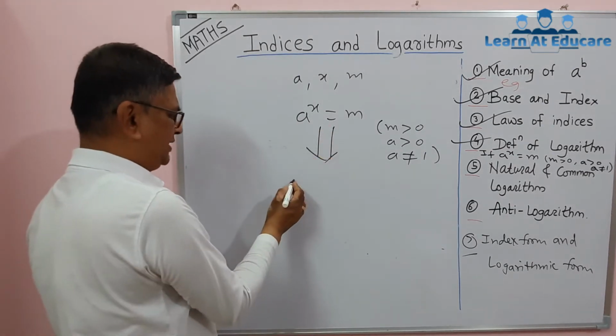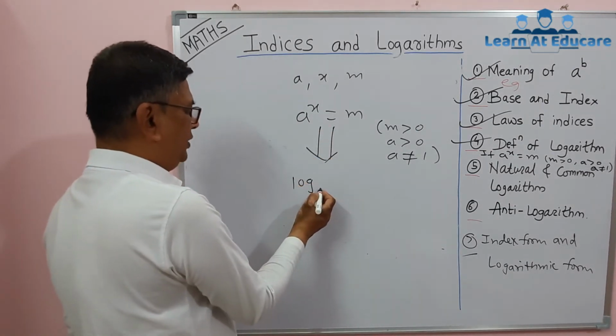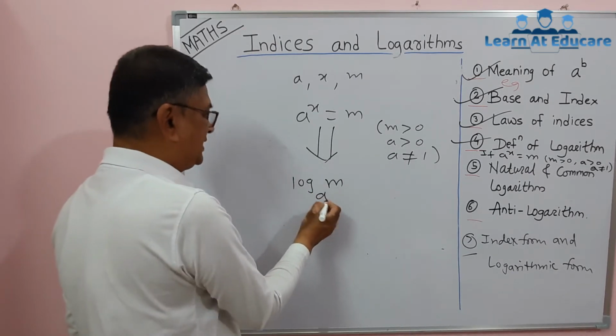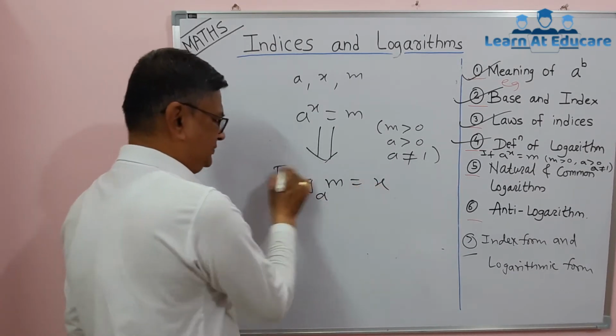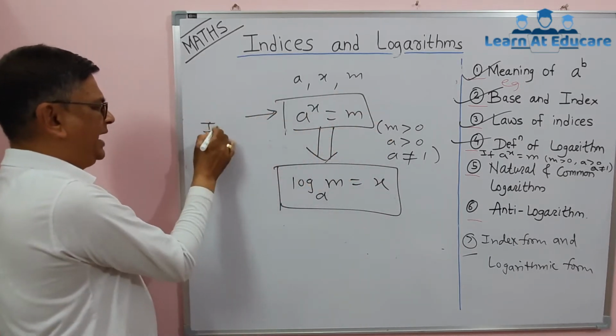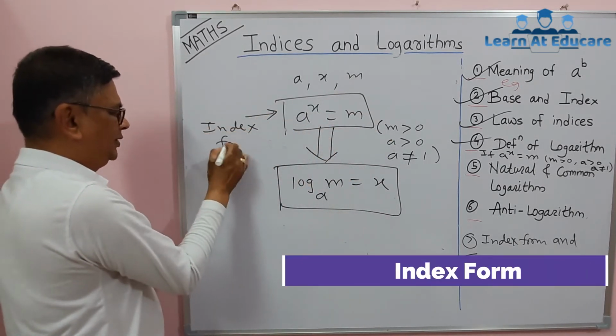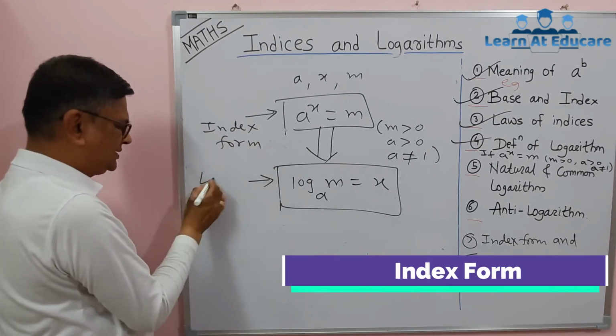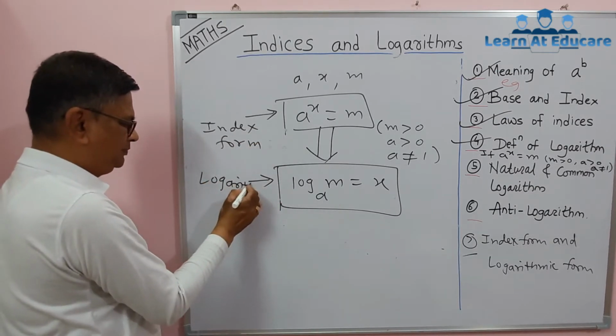From this a raised to x equal to m, we have log of m to the base a is equal to x. Remember, a raised to x equal to m is what is called the index form, and this is what is called the logarithmic form.